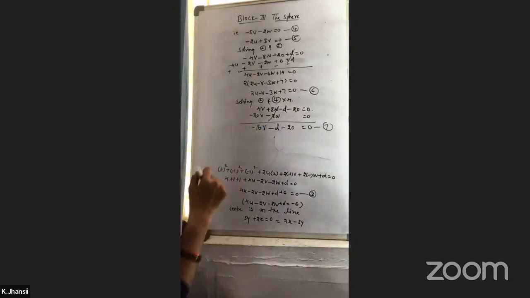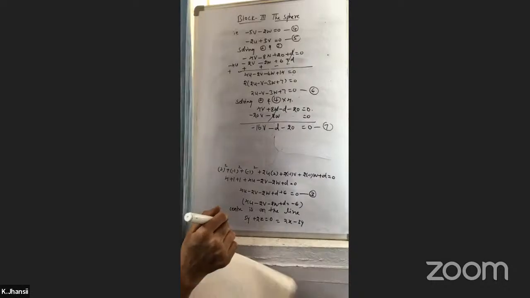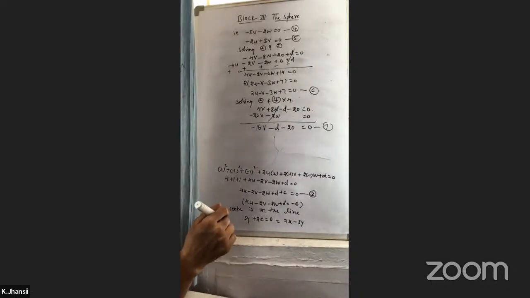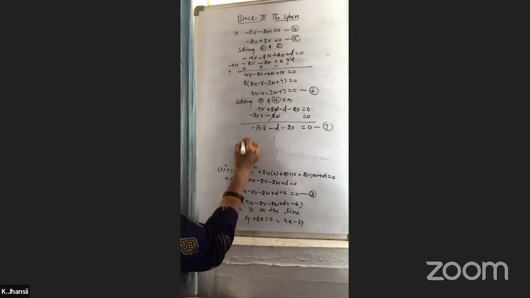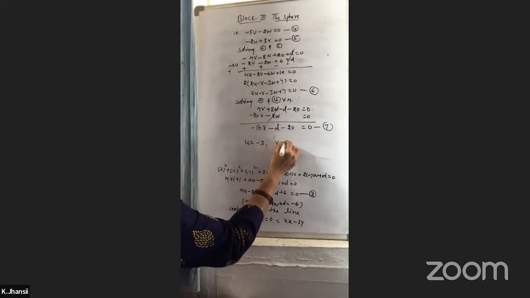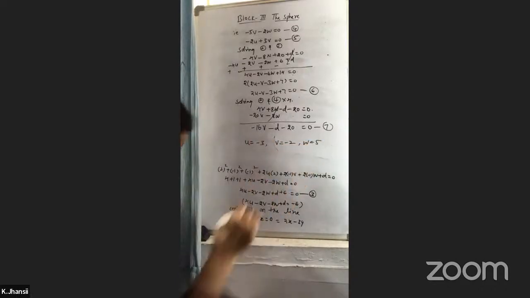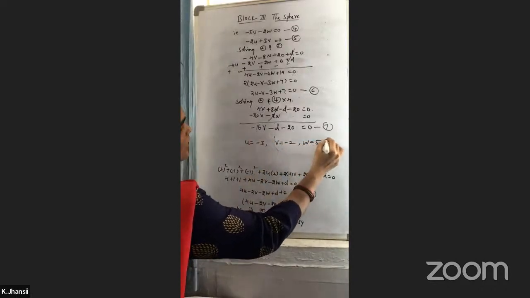So by solving, you will get the U value, just I'm writing here, U value will be minus 3. V value is equal to minus 2. And W you will get as 5. And D value will be 12. Okay.